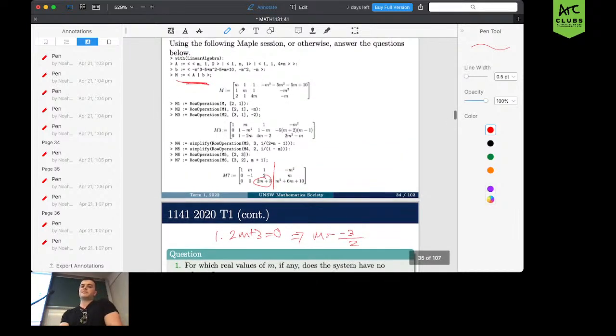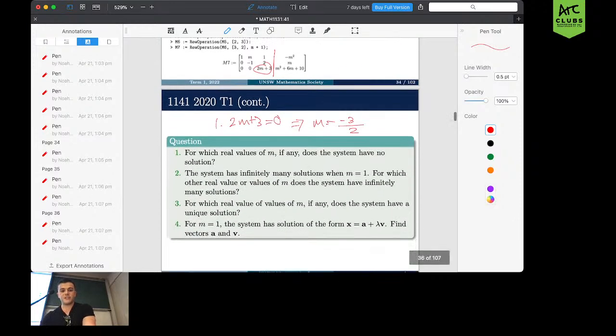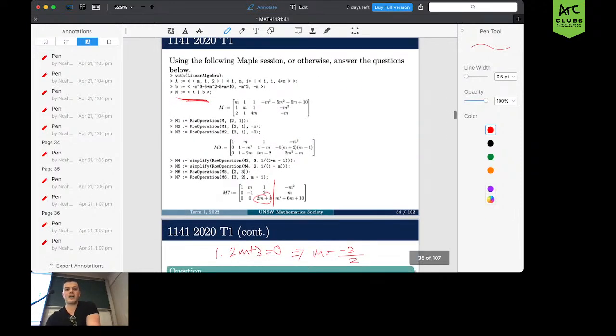Well, let's jump back up to here, and let's see what happens if these are all zeros, right? Because in that case, you would get a row full of zeros. You'd have a non-leading column, which you'd give to a parameter, and then there'd be infinitely many solutions as well. So if we let m equal a half, this row is going to be 0, that row is going to be 0 there, 0 there, and I'm not sure what that will be; I have to put it in my calculator.